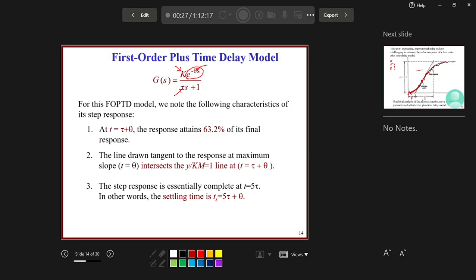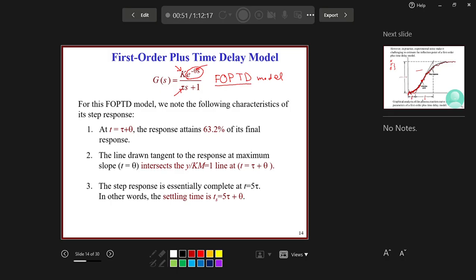That's why this is called the first order plus time delay model, FOPTD for short. I will show you how to calculate theta later on. We have calculated k and tau so far, but we also need to consider theta.